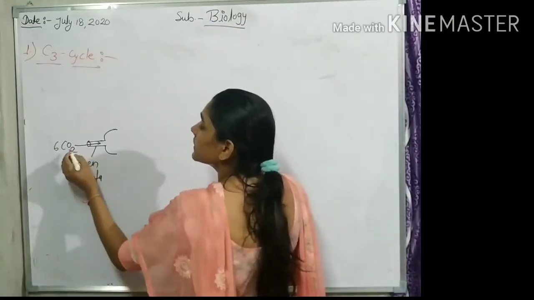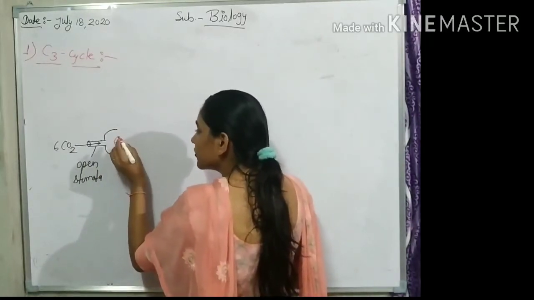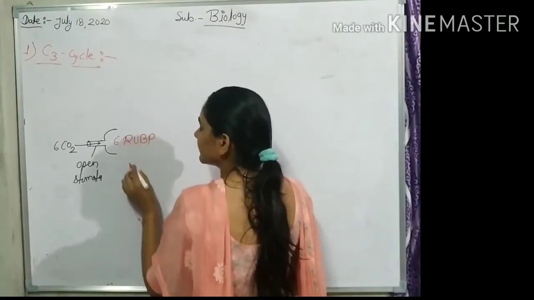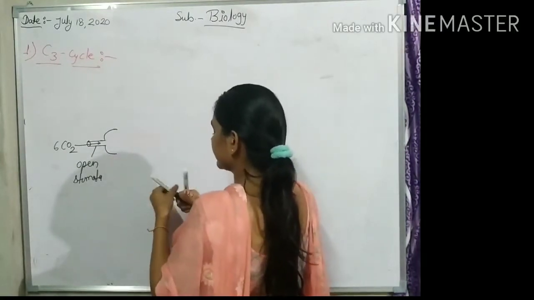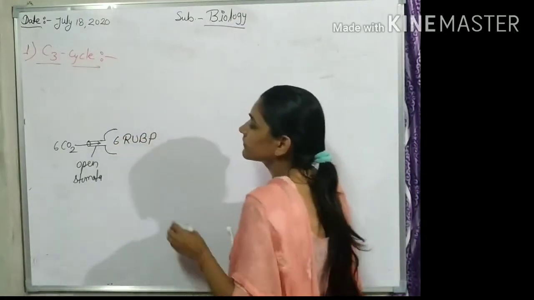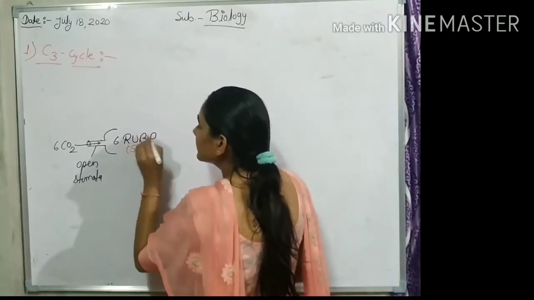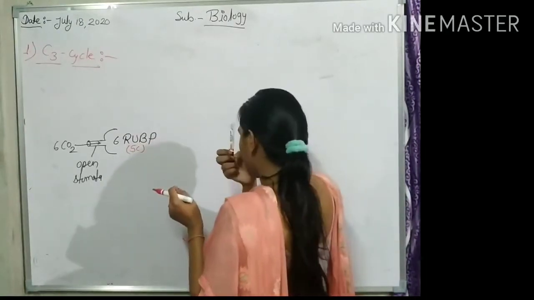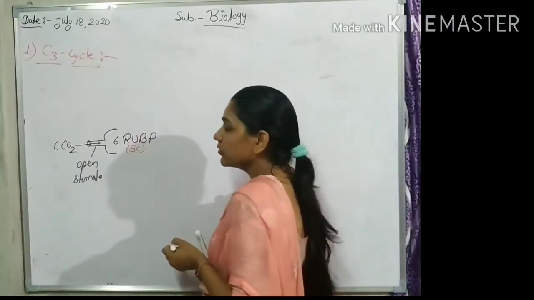And CO2 is received by the CO2 acceptor, RuBP. RuBP is a 5 carbon compound, full form ribulose 1,5-bisphosphate, and it acts as the CO2 acceptor.